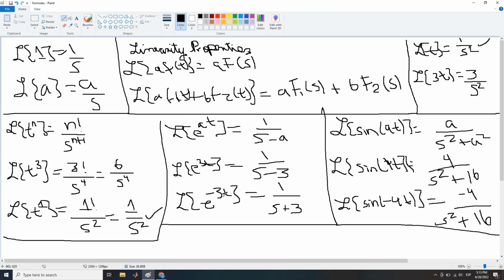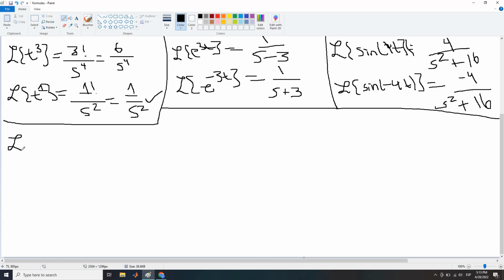Now let's continue with the Laplace transform of the function cosine of a constant a times t. This will be equal to s over s squared plus a squared. So let's do an example.